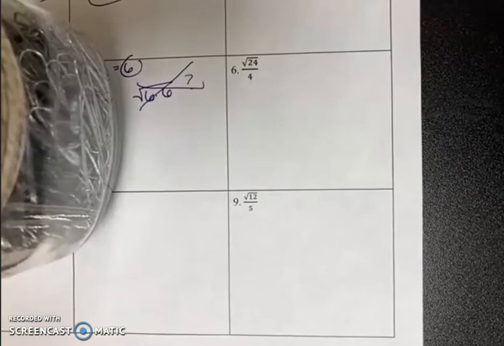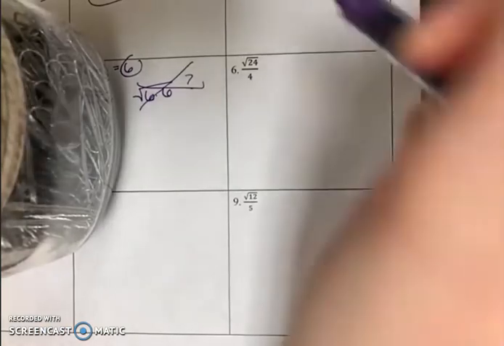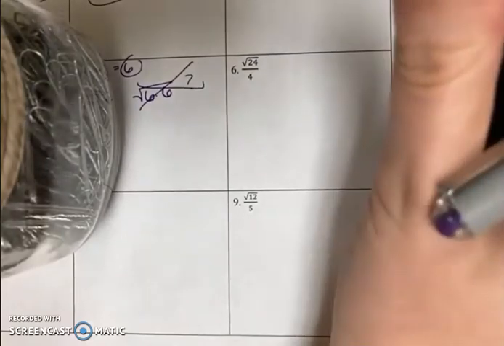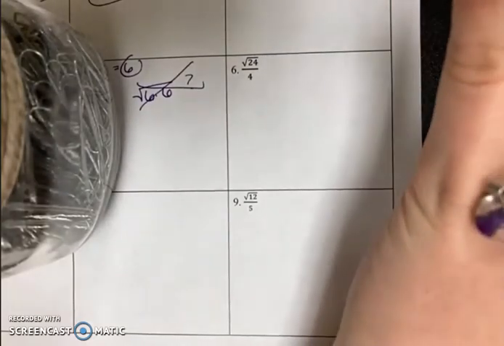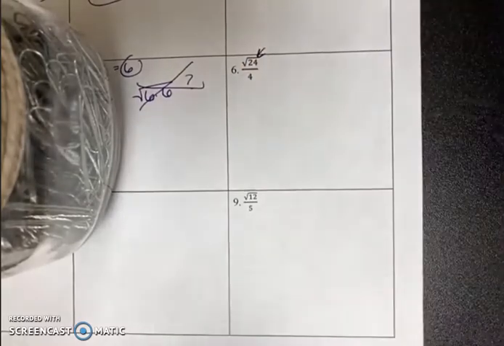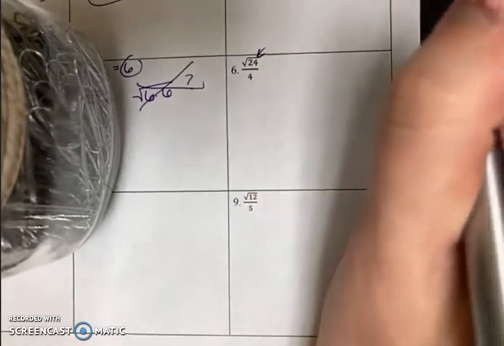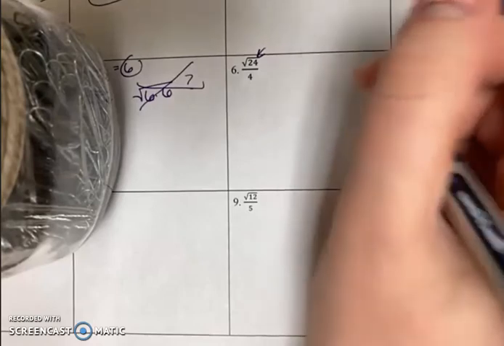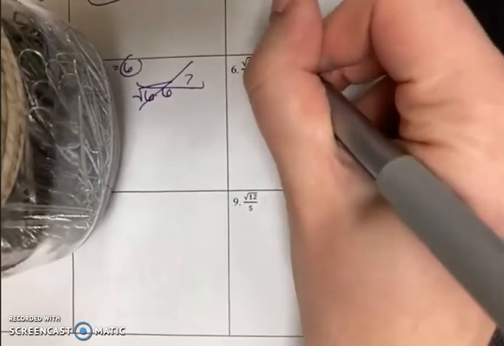Okay. Number 6. We need to simplify the radical. And it does appear that it is a quotient this time, but the process isn't any different. Let's simplify the radical first, and then we're going to see if we can go further. Square root of 24, a perfect square would be 4. I can rewrite it as 4 times 6.